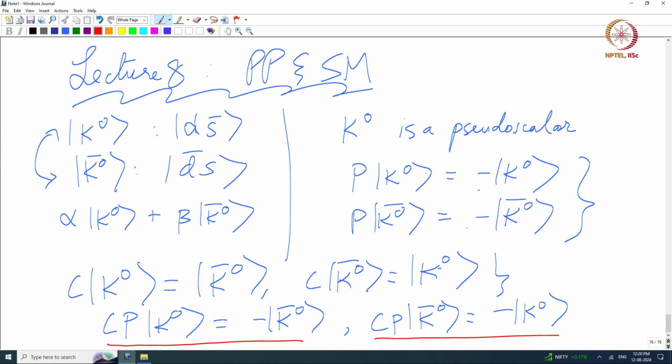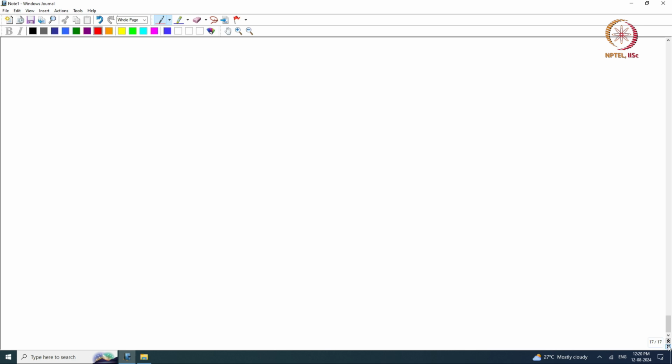Can I use some combination of K0 and K0 bar so that I can get an eigenstate of CP? Of course you can. All I have to do is add them or subtract them and give them equal weightage.